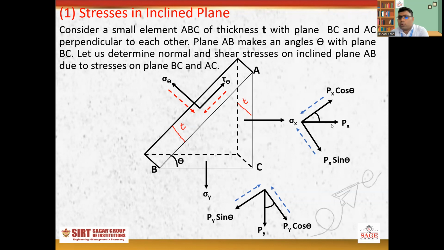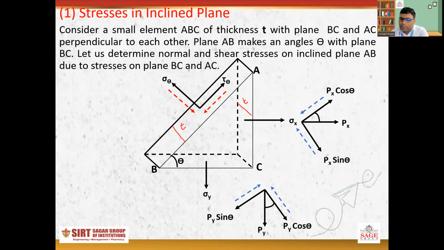So we can resolve these forces into two components. One is parallel to the inclined plane AB, and another is in the direction perpendicular to the inclined plane AB. Here you can see this is the perpendicular one and this is parallel to the inclined plane.